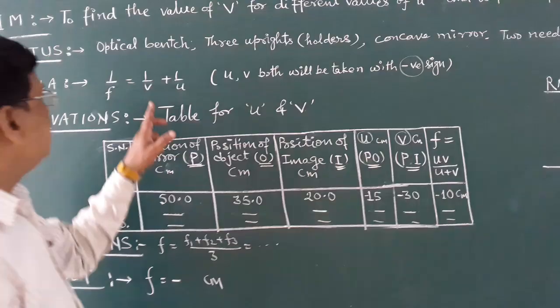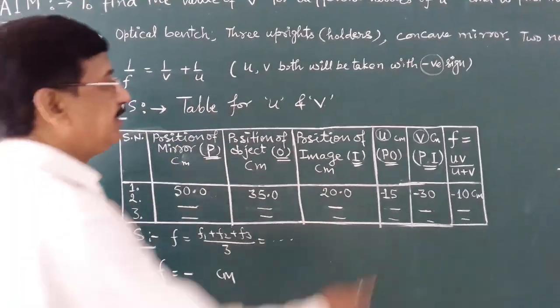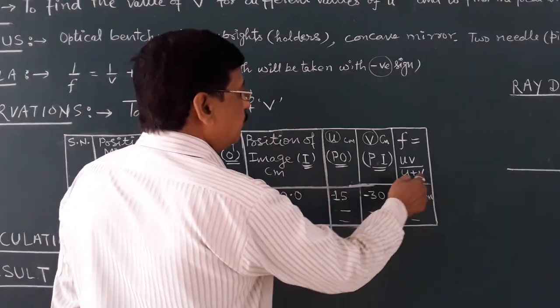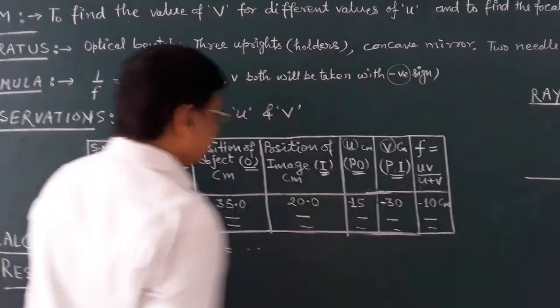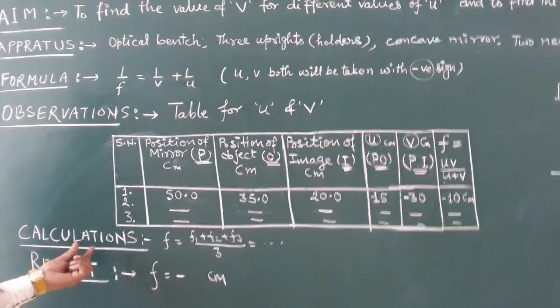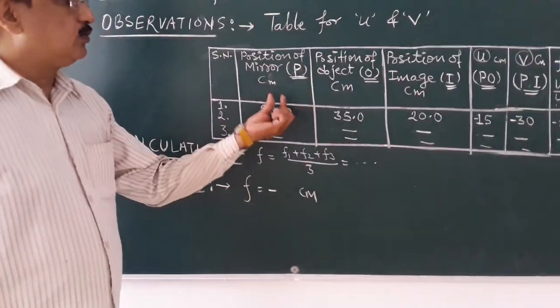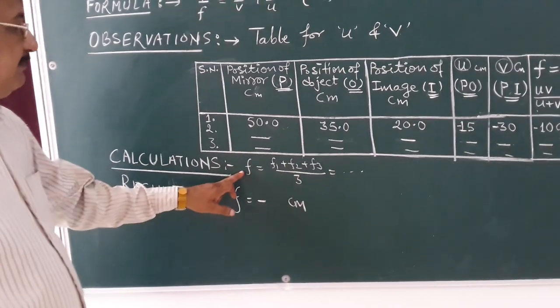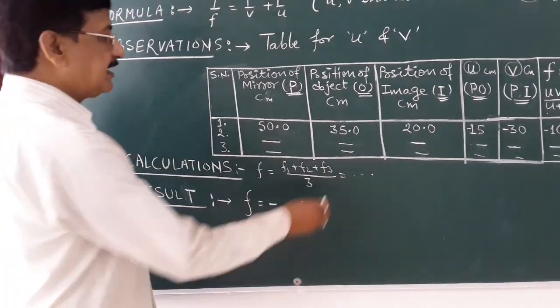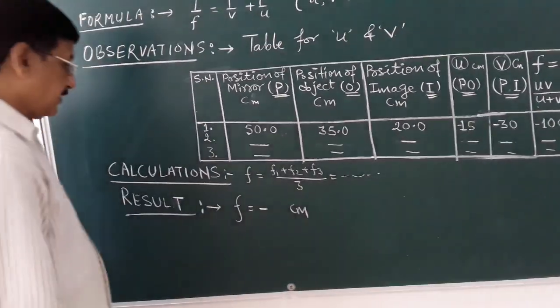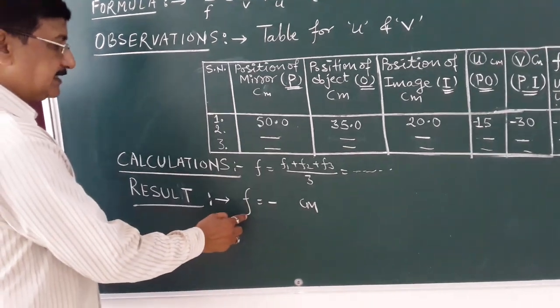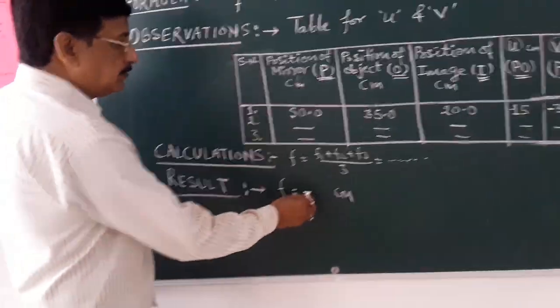Then by using this formula, f will be equal to uv upon u plus v in centimeter. As you can see here, in calculations, we will take two or three readings and then we will take the average of all and we will write here our result. As you can see here on board, f equals minus.